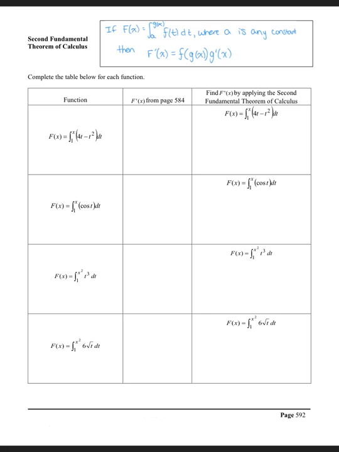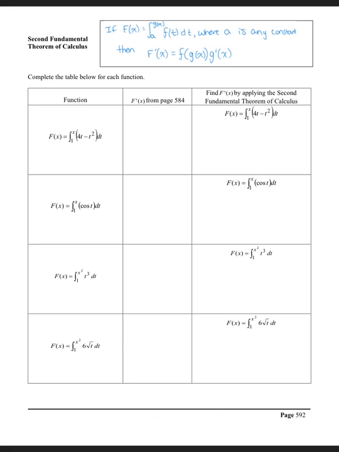This kind of looks like the chain rule, okay? Which is kind of essentially what the second fundamental theorem of calculus is, you're kind of proving a chain rule. So that's the formal definition.